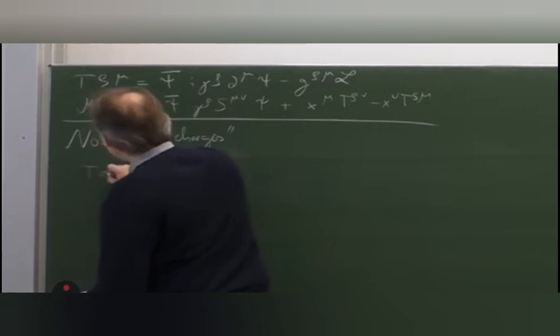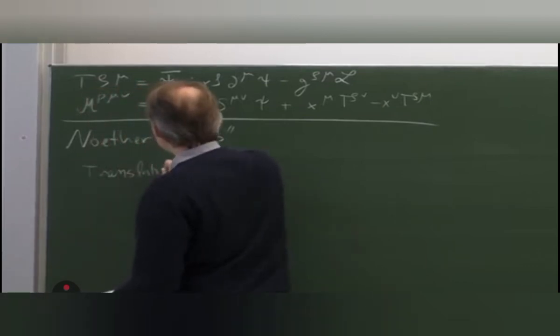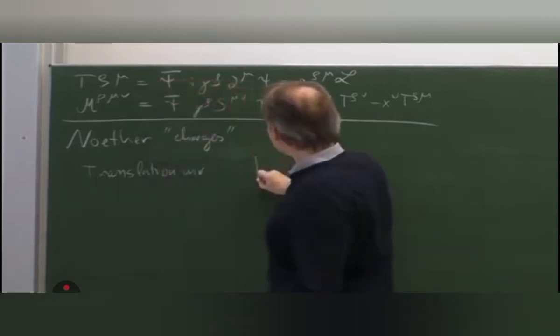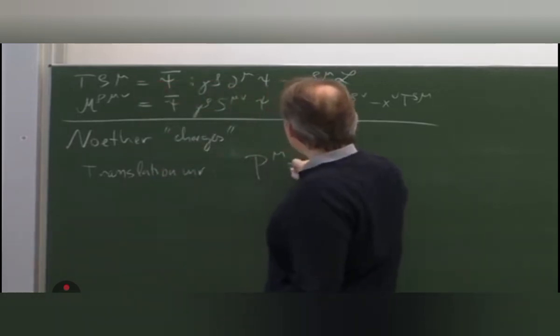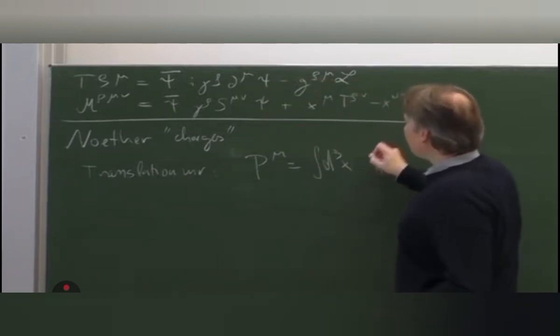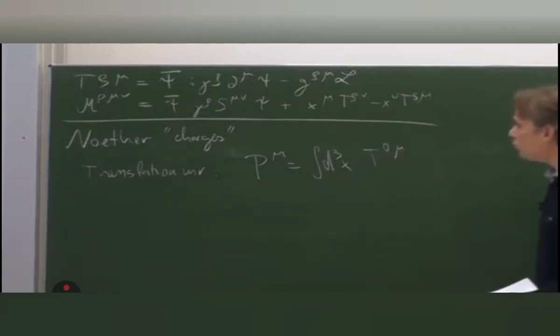So there is first of all the conserved quantity for translation invariance, which is called P mu, the momentum operator, and it's the three-dimensional integral over the zero component of the T rho mu tensor.